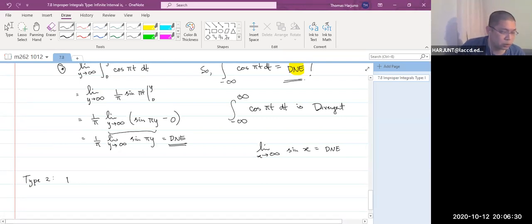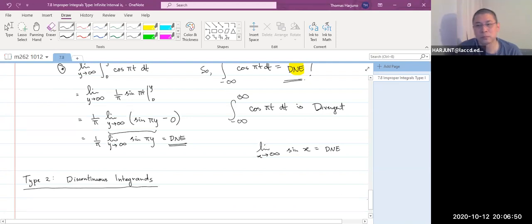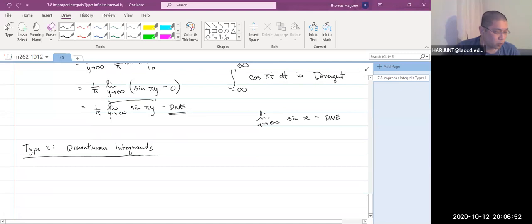Type 2 is continuous integrals. So the idea is the following.